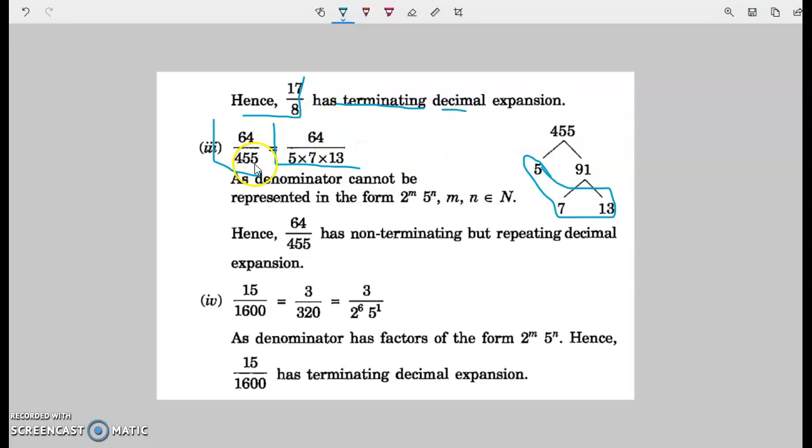So by using that, 455 can be written as 5 into 7 into 13. As the denominator cannot be represented in the form of 2 power m into 5 power n, where m and n belong to natural numbers, therefore 64 by 455 has non-terminating but repeating decimal expansion.